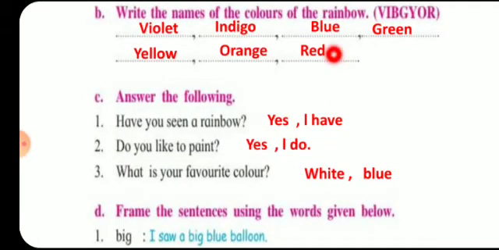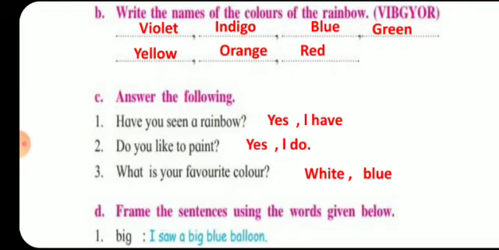So can you see here? Vibgyor. Vibgyor, and the first letter of each color is taken. From violet, that is V, then indigo, I, B, blue, G, green, Y, yellow, O from orange and R for red. So this is the Vibgyor.